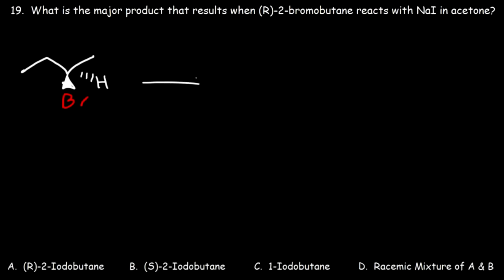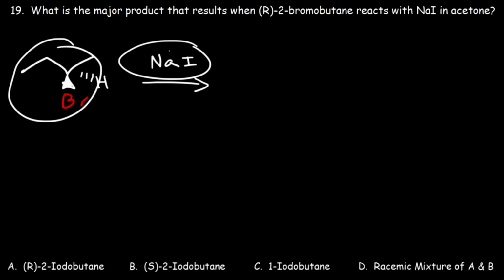Now we're going to react this with sodium iodide and acetone. So what kind of reaction will we have? Is this an SN2 reaction? Is it an SN1? Typically, when you have an alkyl halide reacting with some sort of nucleophile, you have to think about nucleophilic reactions and elimination reactions.